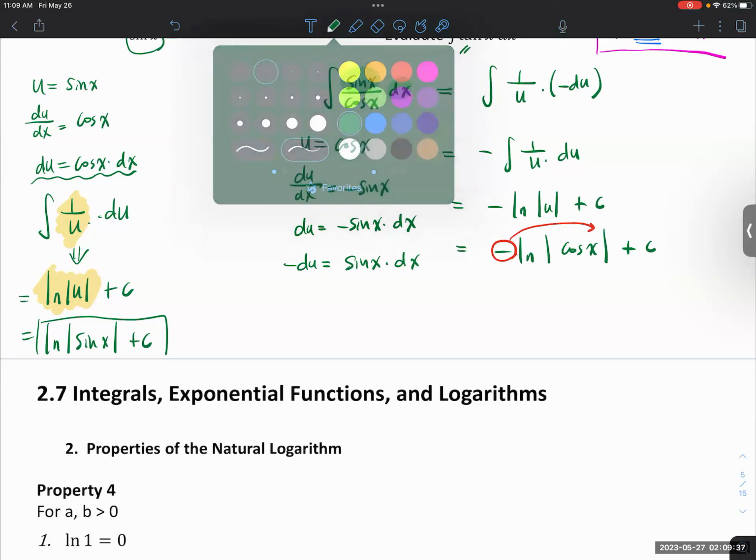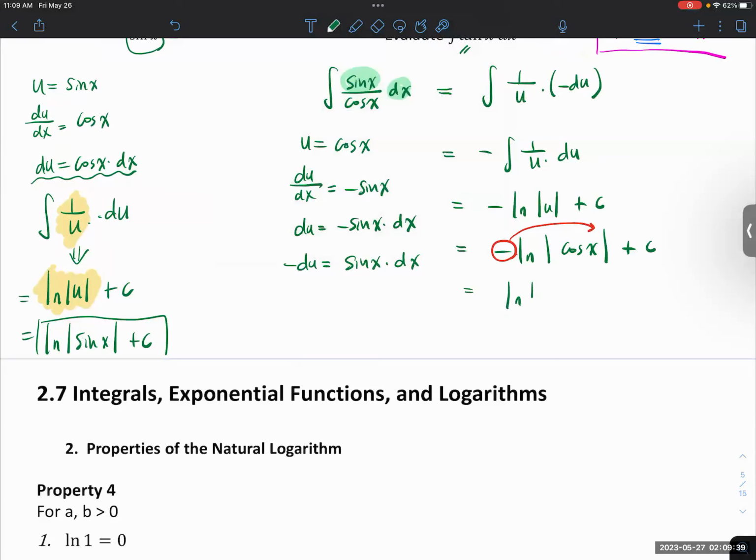So if we did this one, ln of cosine x to the negative 1 plus c. Cosine x inverse is the same as secant x. If I remember, we talked about this, 1 over cosine x, which is cosine inverse x, is the same as secant x. So that's why you have this answer.